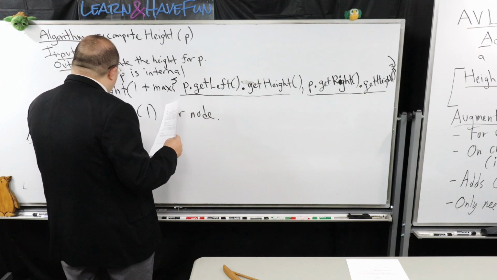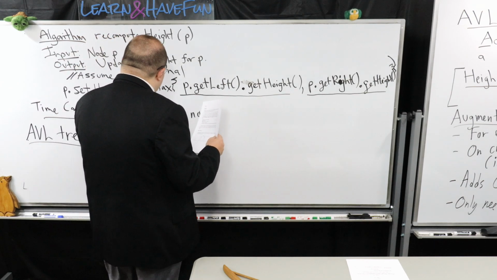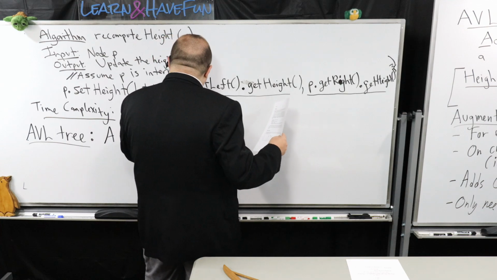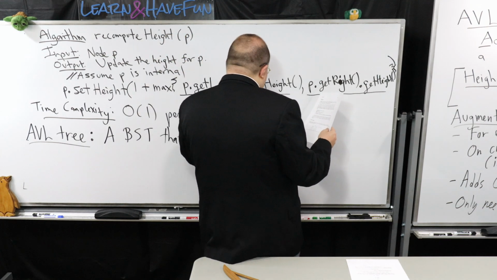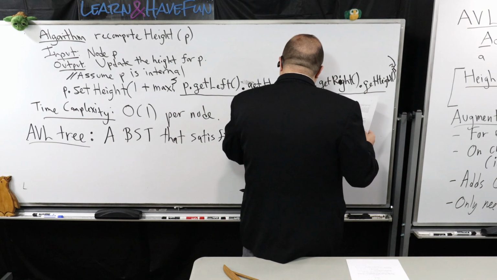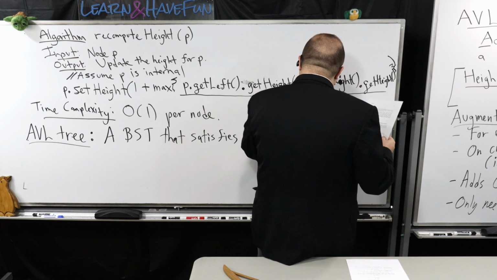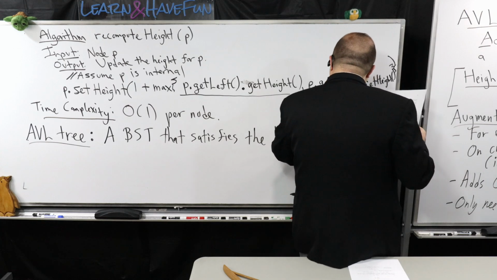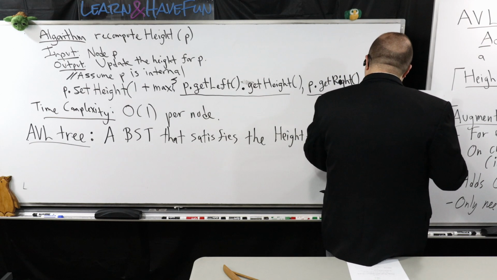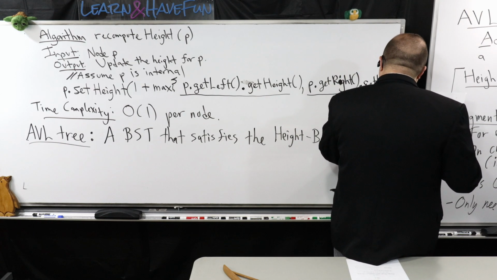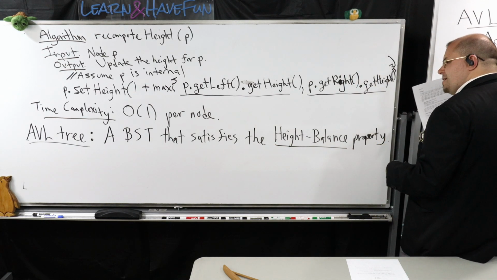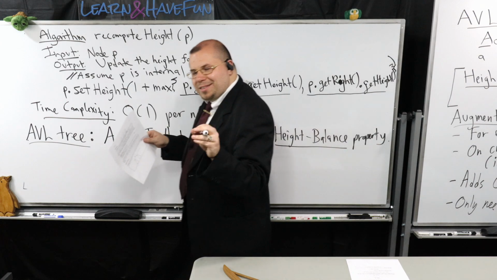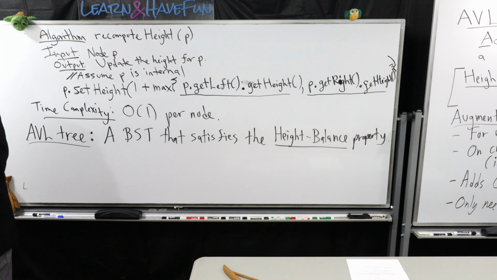The AVL tree is a binary search tree that satisfies the height balance property. So it's a binary search tree. It's going to satisfy the thing we're going to call the height balance property, which now I'm going to define for you.